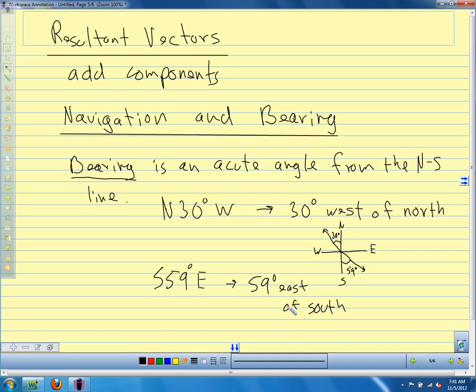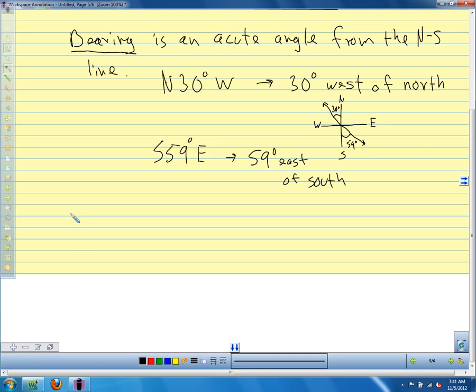In air navigation, it's a little different. The bearing here is usually for surveying and for sea navigation. In air navigation, the bearing is an angle measured clockwise from north.